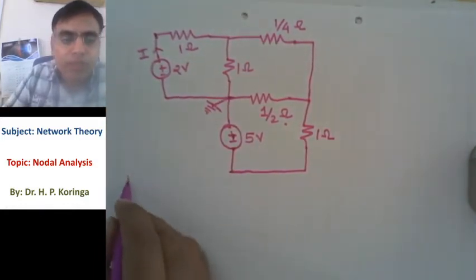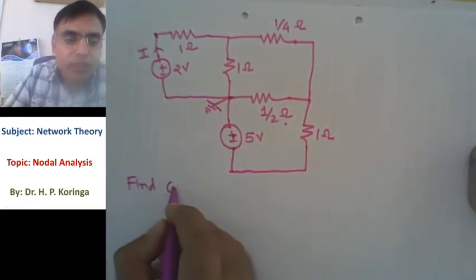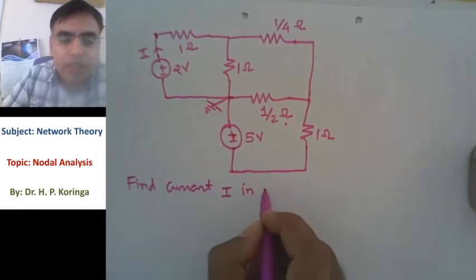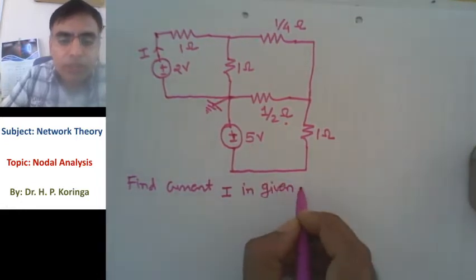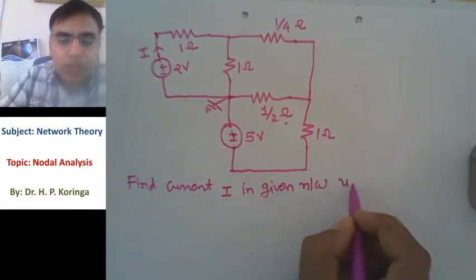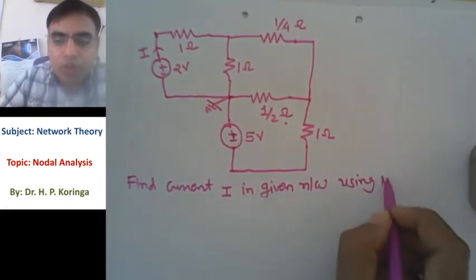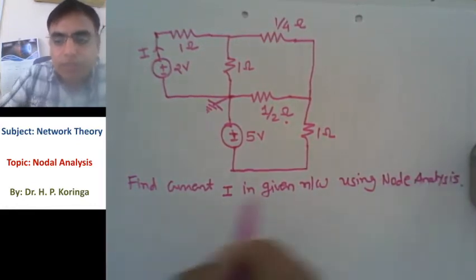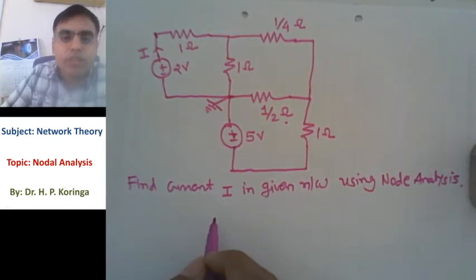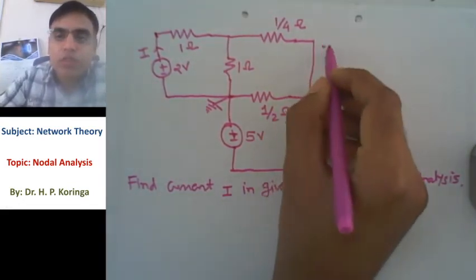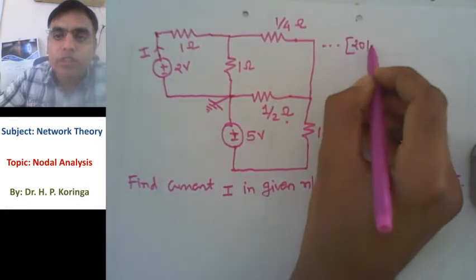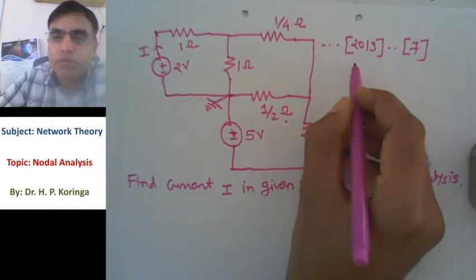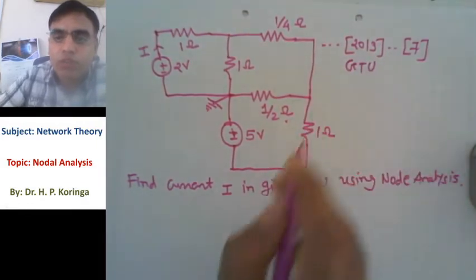We have to find out the current I in the given network using nodal analysis. It was asked in 2013 for 7 marks in GTU, Gujarat Technological University.